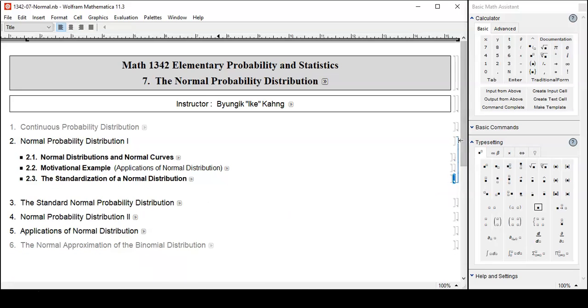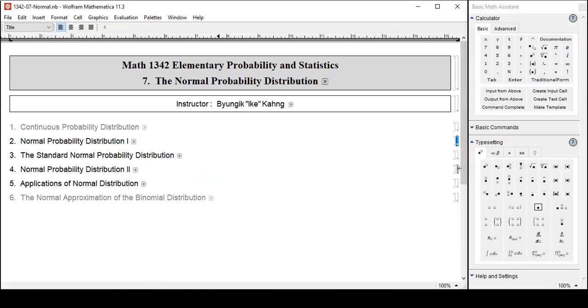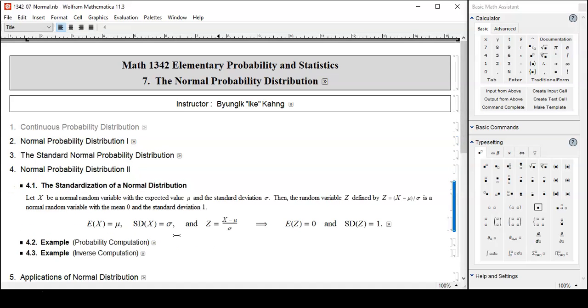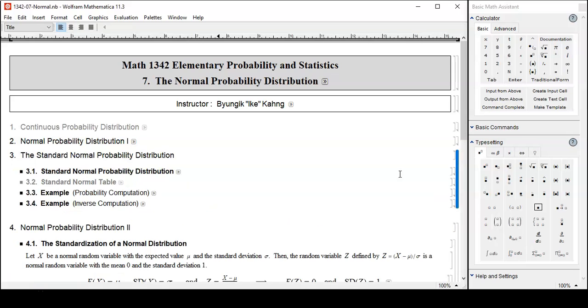And then, after we study standard normal in section 3, in section 4, we have a transition from the standard normal, and then using that, we're going to discuss a couple of exercise problem sets that go hand in hand, parallel with the previous exercise set we discussed in section 3.